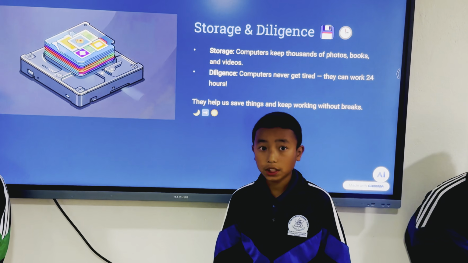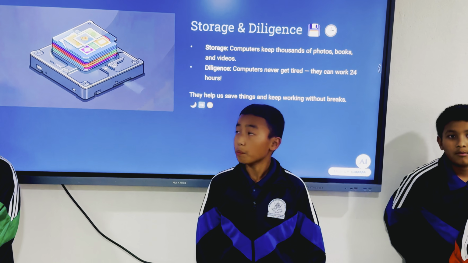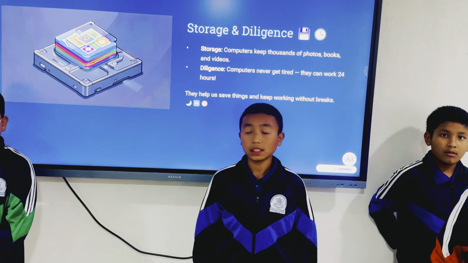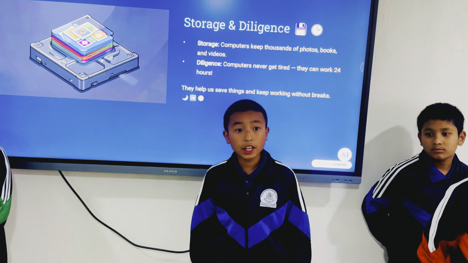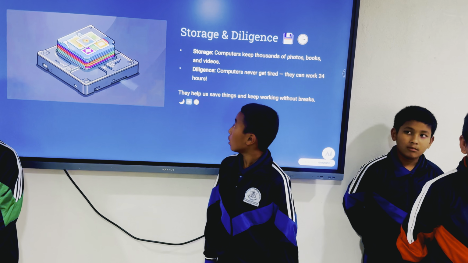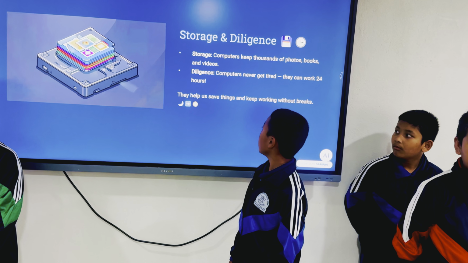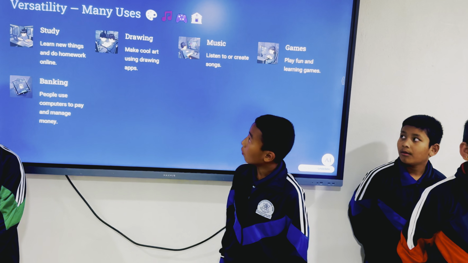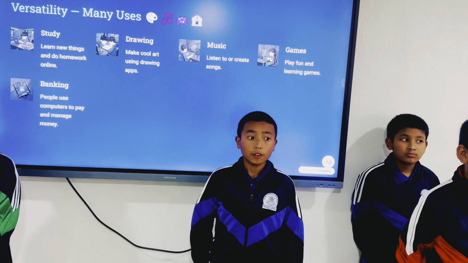Storage and diligence. These are features of the computer. Storage: a computer keeps thousands of photos, videos and files safely. Diligence: computers never get tired and can work 24 hours. They help us save things and keep working without any breaks. Versatility is also a feature.